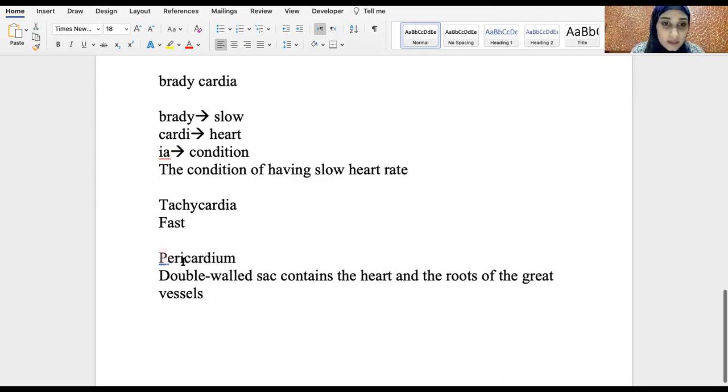Peri alone means around, and cardio means heart. So when we say around the heart, it's a sac that contains the heart and the roots of the great vessels.